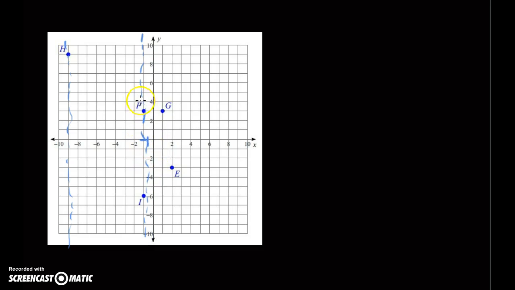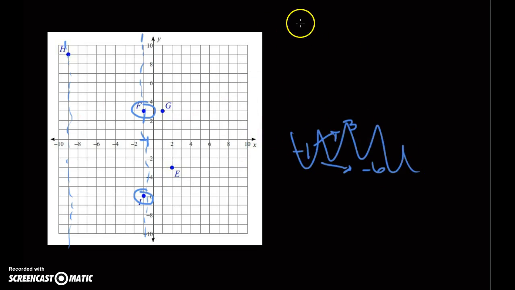So we've got F right here, and we've got I right here. X is -1, so we've got -1 going to, looks like 3, and we've got -1 going to, looks like -6. So we've got an input that has 2 outputs, which does not meet the definition of a function. So this is not a function.